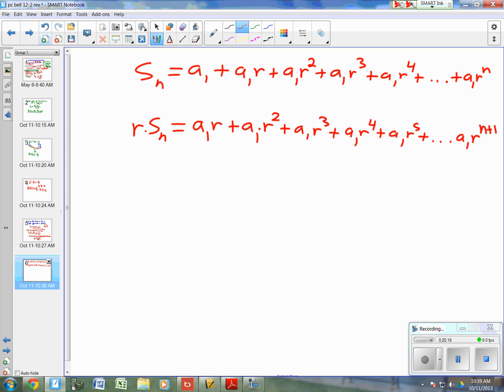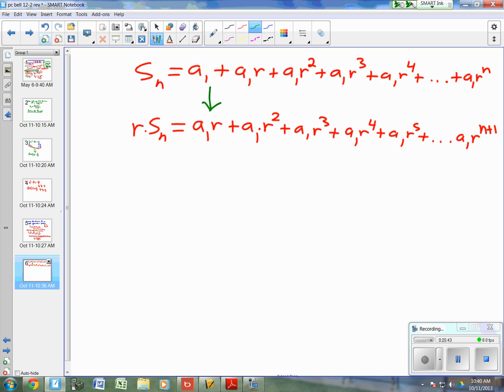So instead of having a sub 1 on this first one up here, we have now a sub 1 times r. And then a sub 1 r squared. We added one more r, we're multiplying it. Because we're multiplying both sides of this equation by r, it's going to help us derive the formula. Okay? I would have never thought of this, by the way. Because we have an extra r on each one, don't we?